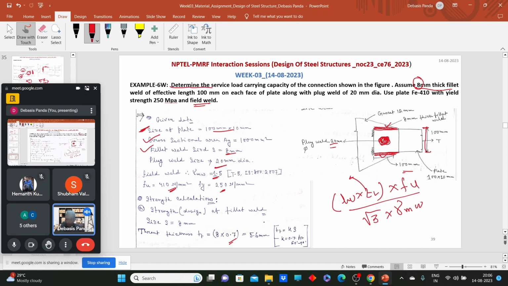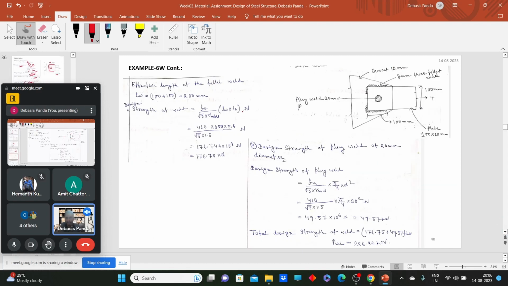This is the throat thickness. Now you know the Fu value and the gamma mw value. And what will be the effective length Lw? 100 mm here and 100 mm here, so the total effective length is 200 mm. Using this formula, the design strength comes as 176 kilonewton. So the fillet weld on this side and this side can carry this amount of load.